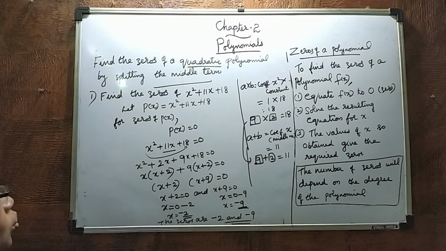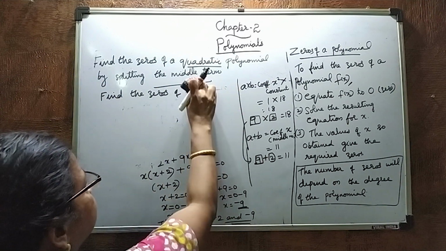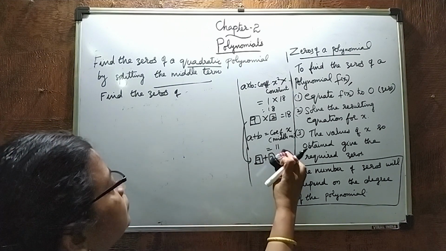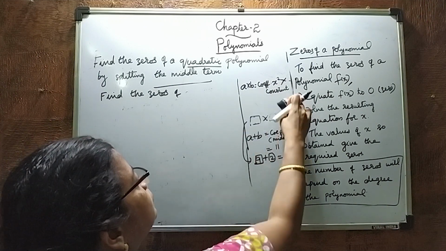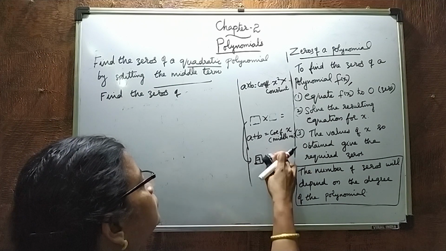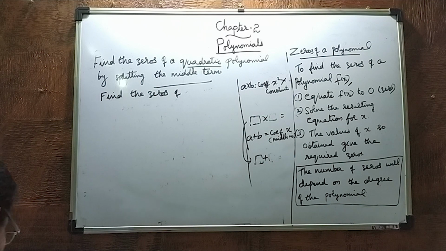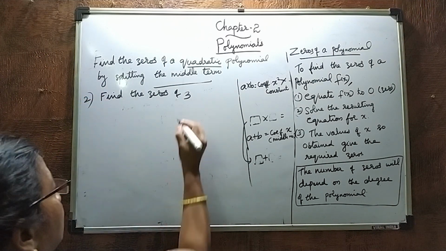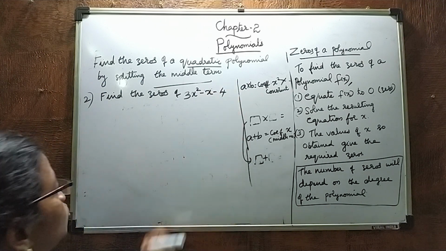Now one more question we will do. Second question is 3x square minus x minus 4.